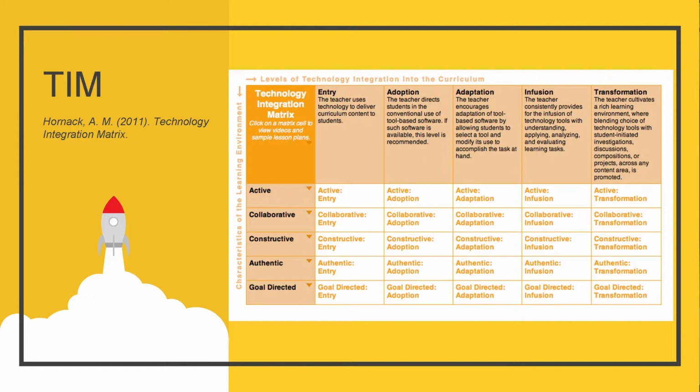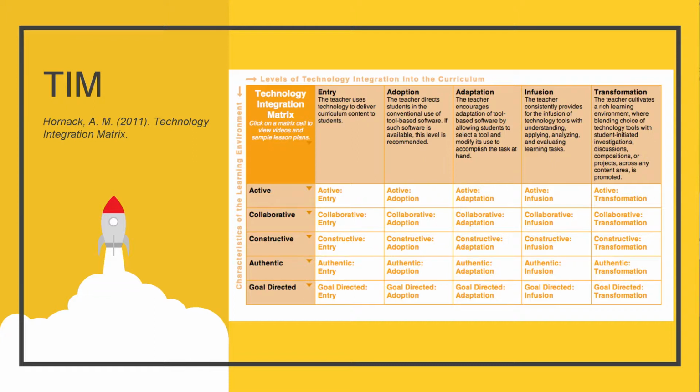No, I'm not able to zoom in. But if you do a quick Google search, you will see a lot of clearer or more defined images. And there are many websites that explain this model too. So this tech integration matrix includes 5 interdependent characteristics of meaningful learning environments, which are active, constructive, goal-oriented, authentic, and collaborative environments, which the teachers can use for whichever activity is appropriate.